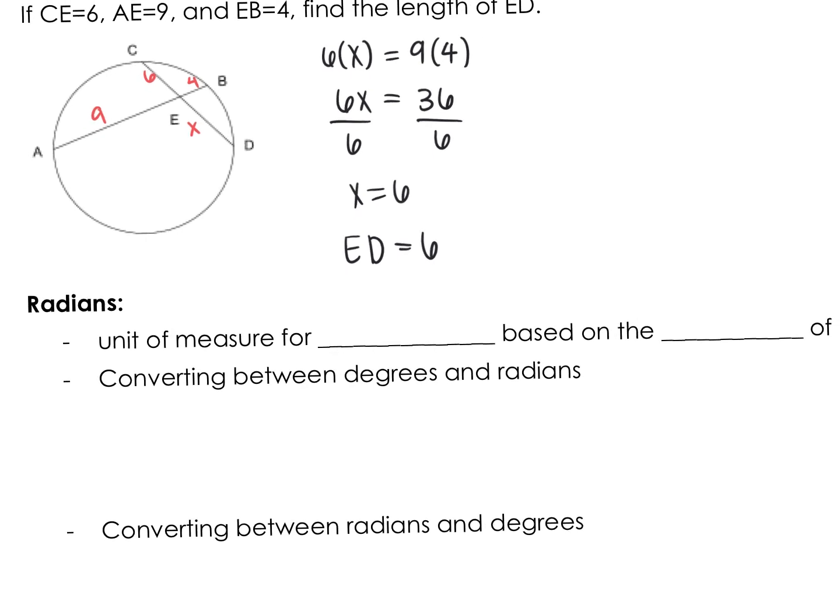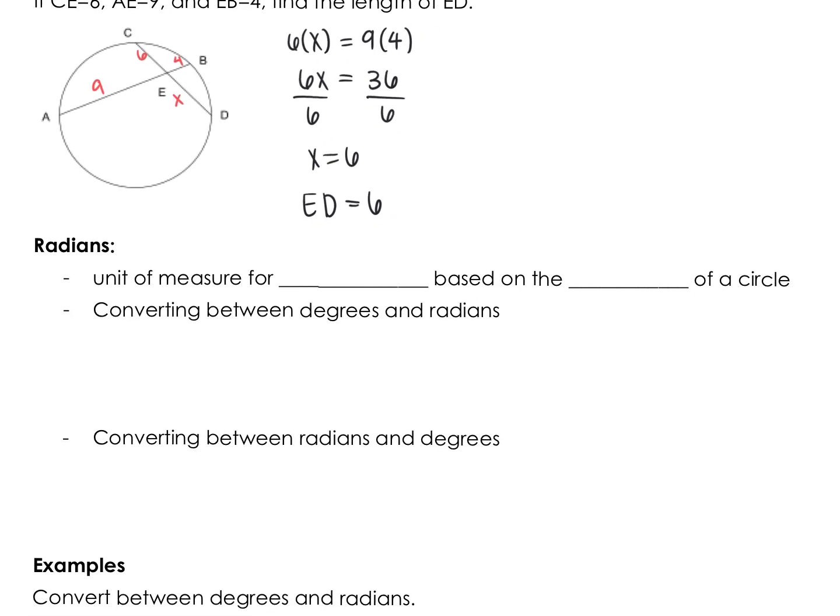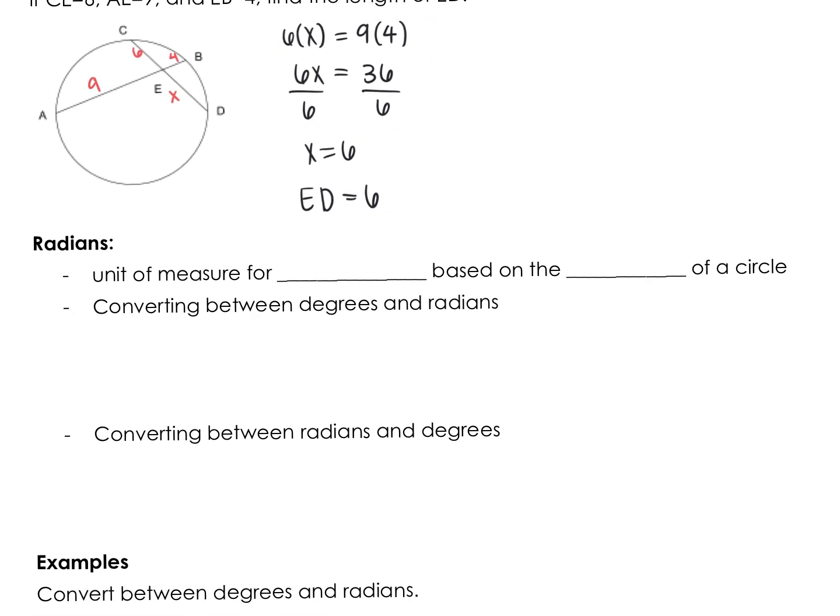So the last thing we're going to discuss in section 1 is radians. So this kind of goes back to angles in circles. So we all know that you measure angles in circles using degrees, and that all circles have a measure of 360 degrees inside.